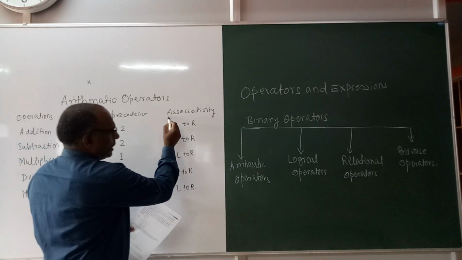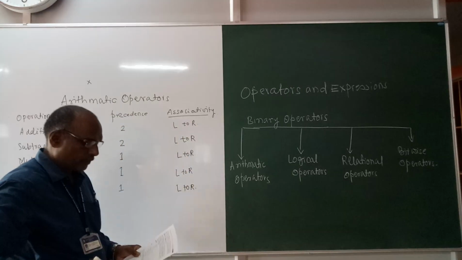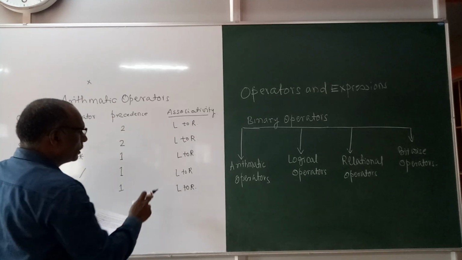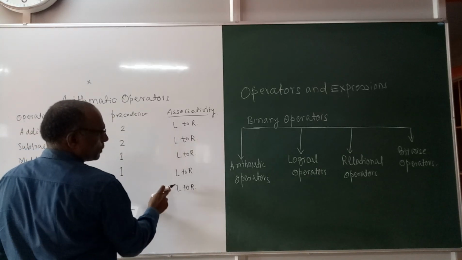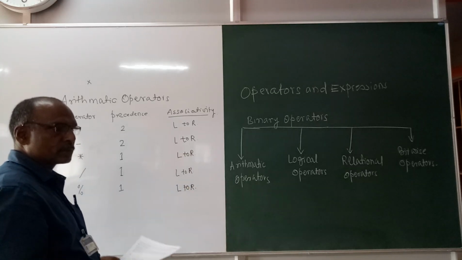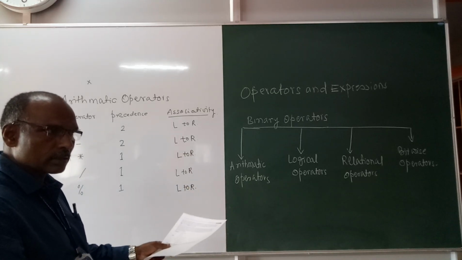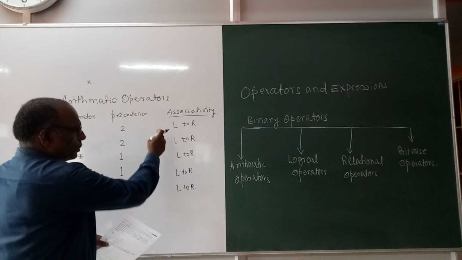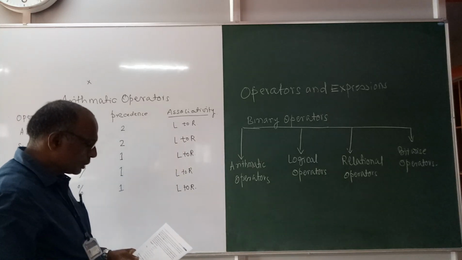The associativity term indicates the order in which the terms in the expression are evaluated. We are going to have many operators that form the expression, and there are certain rules to evaluate an arithmetic expression using C language. Very soon we are touching that.